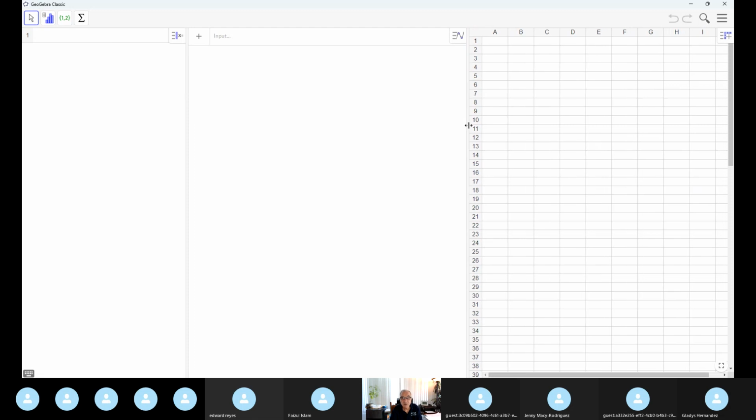In the spreadsheet, everything is very similar to Excel. You copy the matrix. I copy the original matrix I did by hand: 3, 7, negative 15. You press enter.